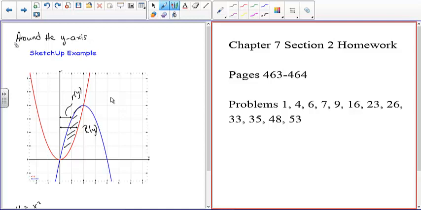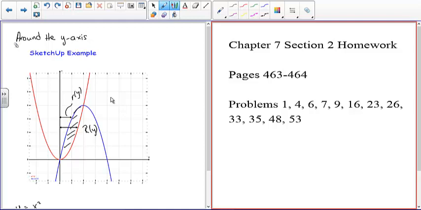So, as far as section 2 is concerned, we presented all the formulas. The key thing is you've just got to be able to identify what the limits of integration are, what function defines the outside radius, what function defines the inside radius. If it's rotated around the x-axis, then you have to integrate with respect to x.